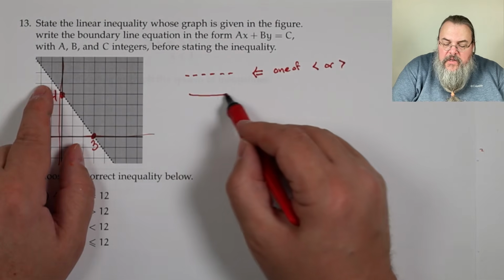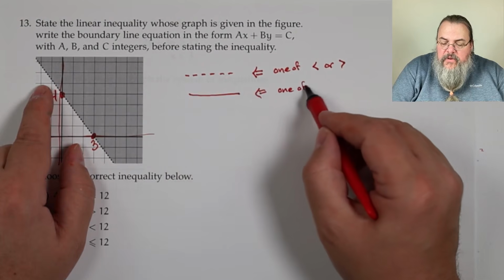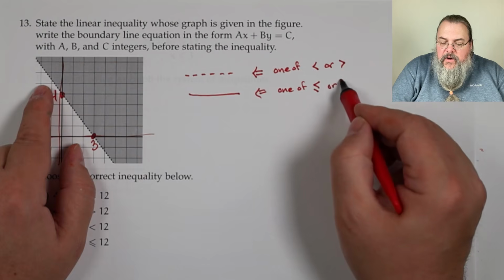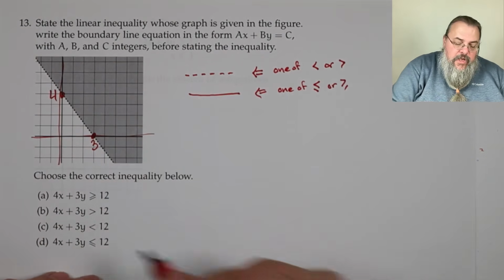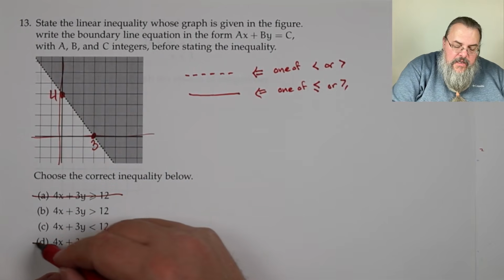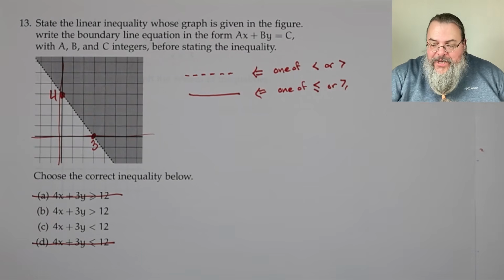A solid line, what does that mean? Well, that means we include it, so it's less than or equal or greater than or equal. Because it's not a solid line, we can knock out A and D.